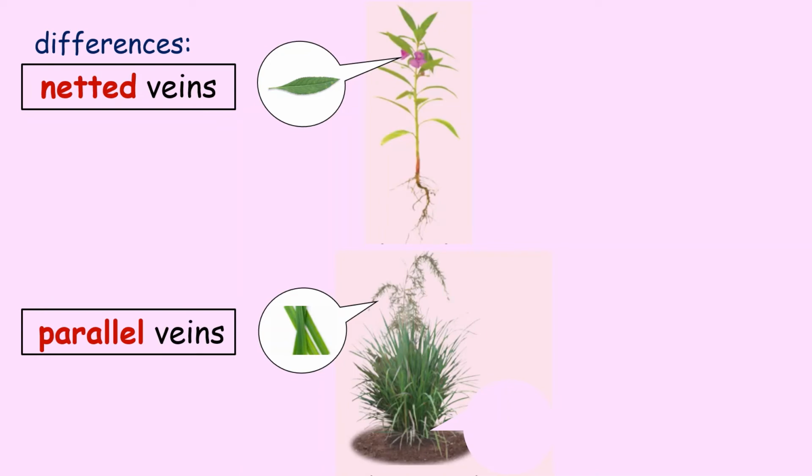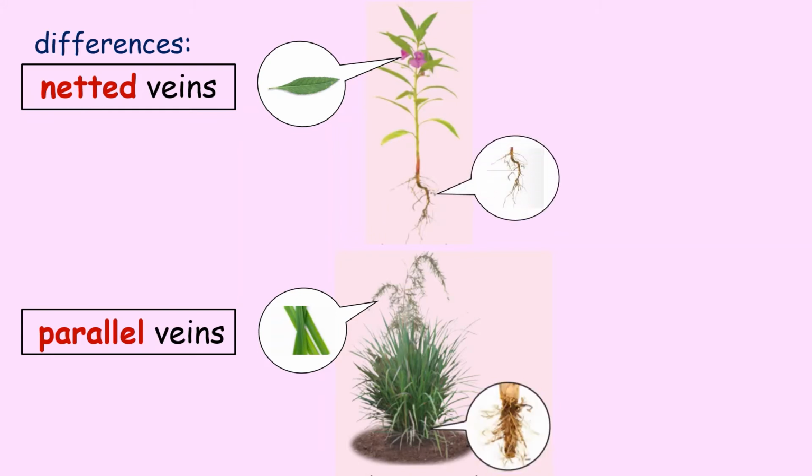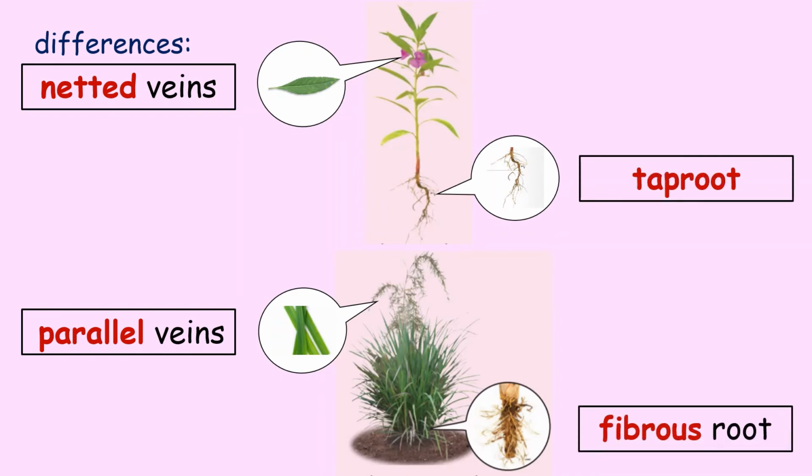Next, I want you to observe their roots. Can you notice the difference? The balsam plant has taproot, but the lemongrass plant has fibrous root.